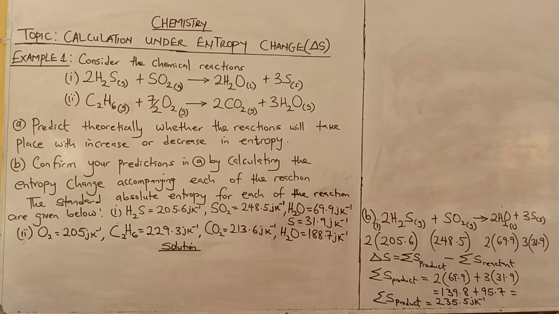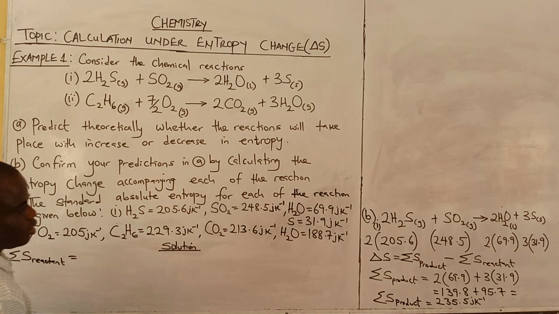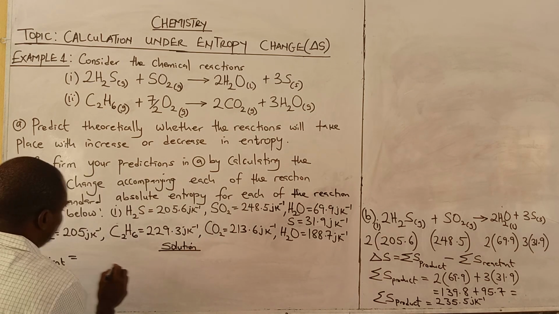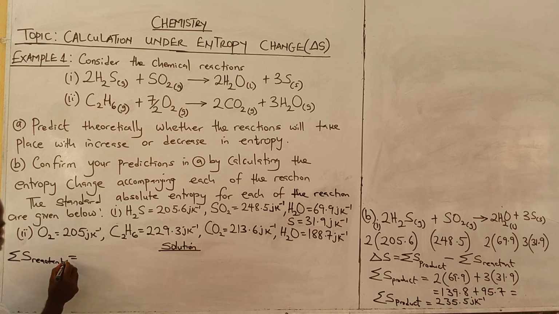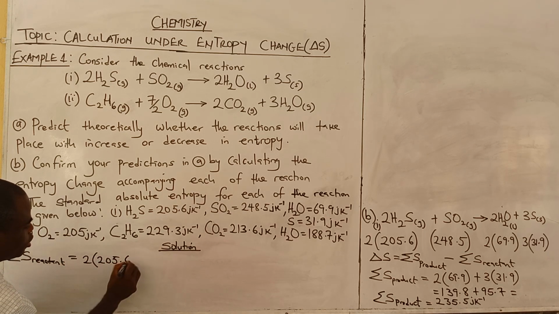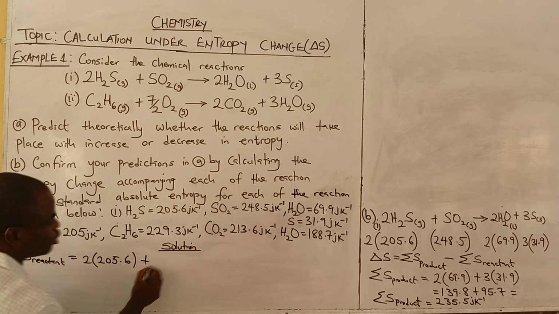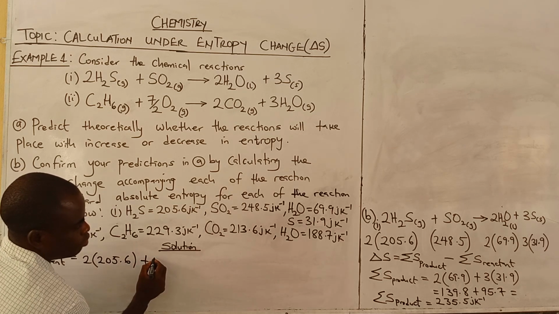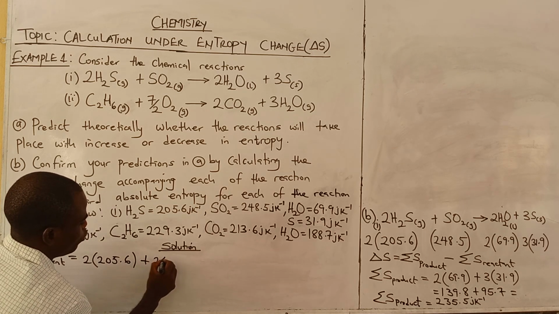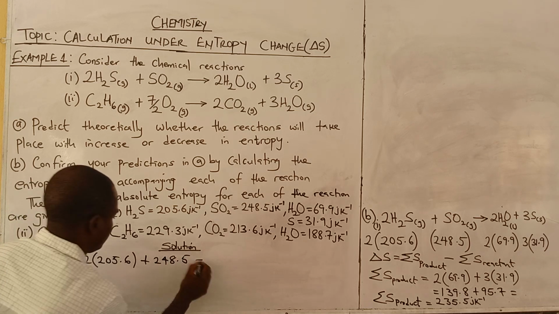Now let's see that of the reactant side, summation of the entropy at the reactant side. We are having 2 into 205.6 plus 248.5.